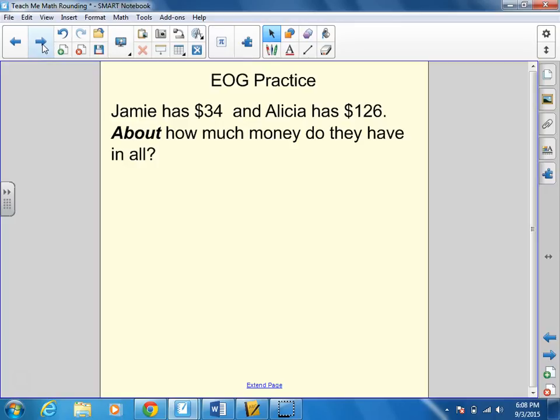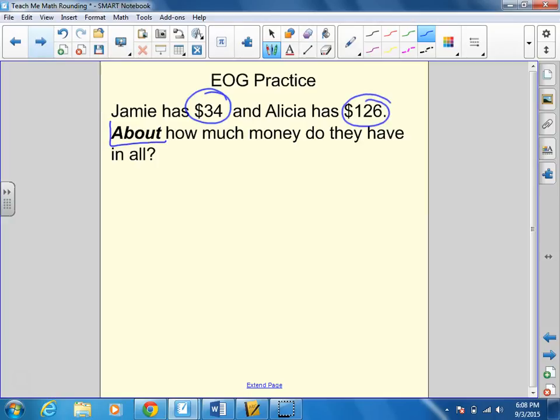Let's solve the problem. Jamie has $34, while Alicia has $126. We notice here that visually the word about is in bold. Typically, when students see the word about, they're asking for an estimate.